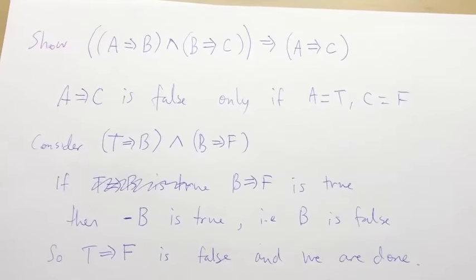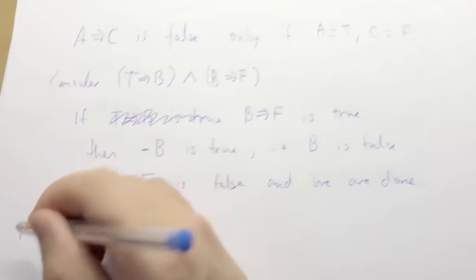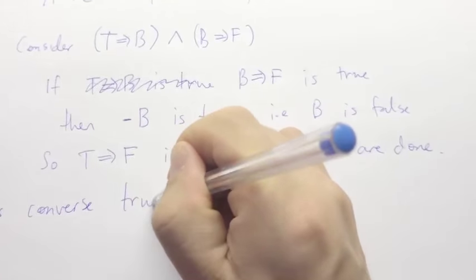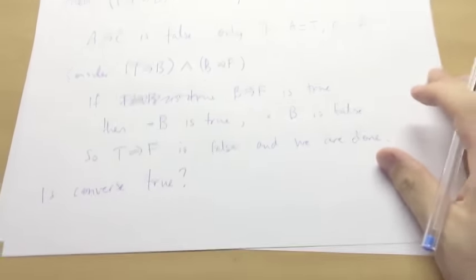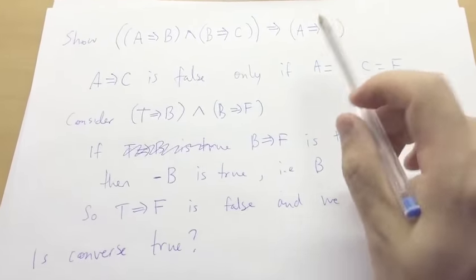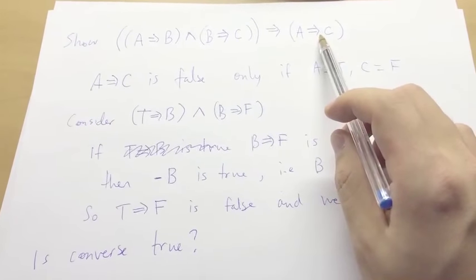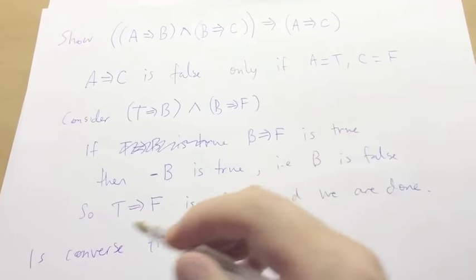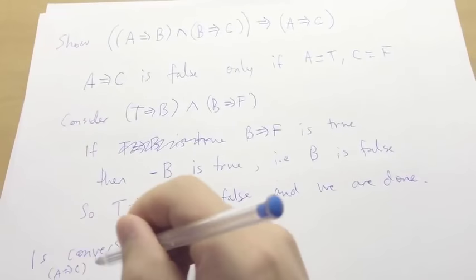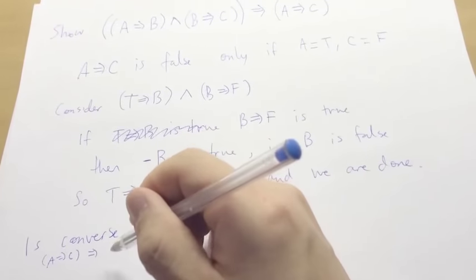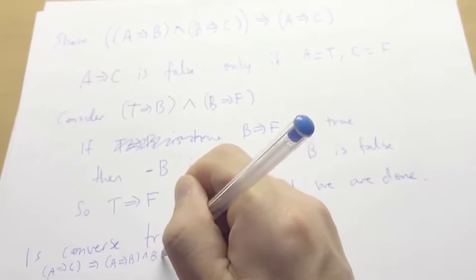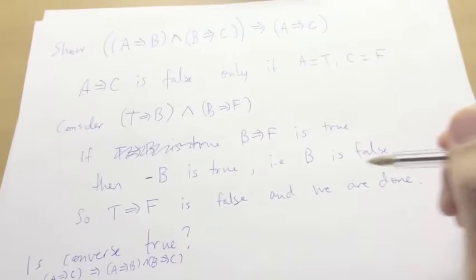Maybe you can think of a situation where, so the question is, is the converse true? And for the converse to be true, we only need to consider the case when, so the converse is A implies C implies A implies B and B implies C. So that's the converse.